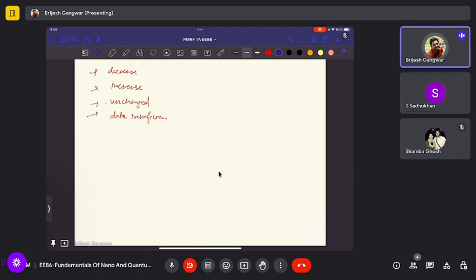On what basis? The mean number of photons is defined by delta n by n bar. If we increase it, it will obviously decrease, I think. So this is the relation, from which you can say that this decreases with increase of n bar value, the number of photon counts.